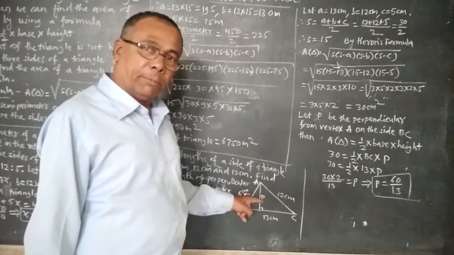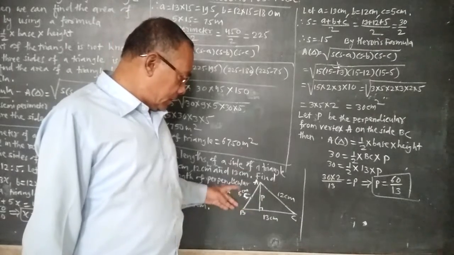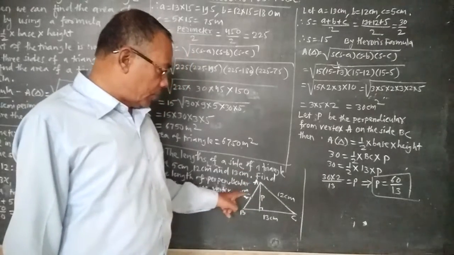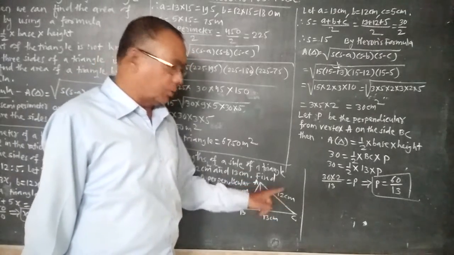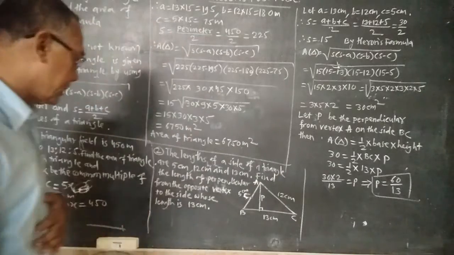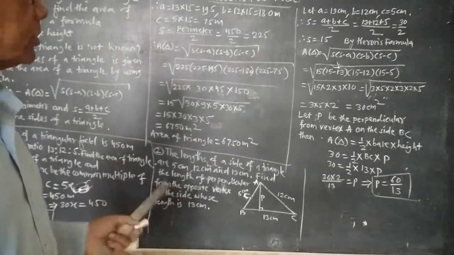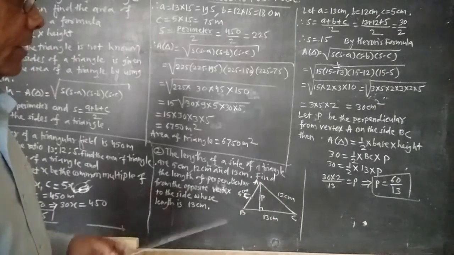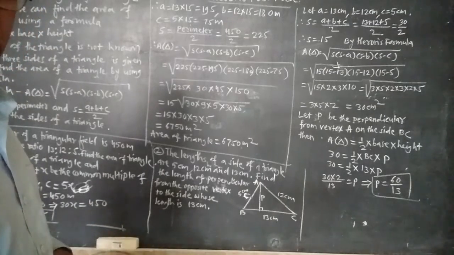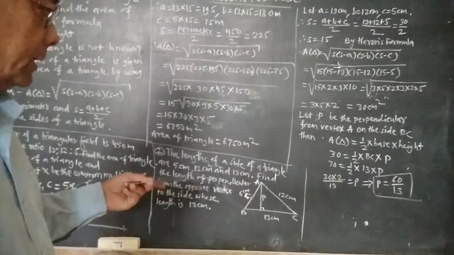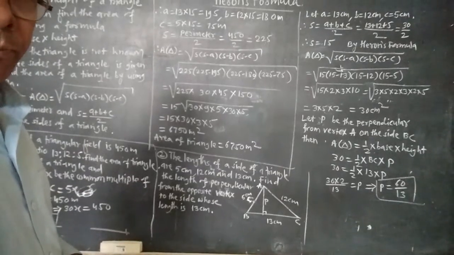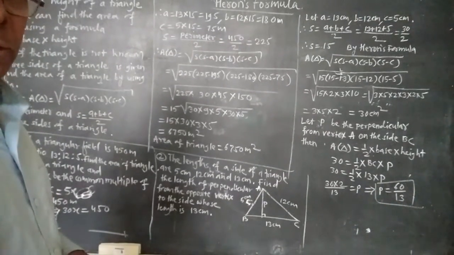Let it be P. The length AB is 5 centimeter, length AC is equal to 12 centimeter, and now we have to find first of all the area of the triangle, and then we will find the value of the perpendicular.